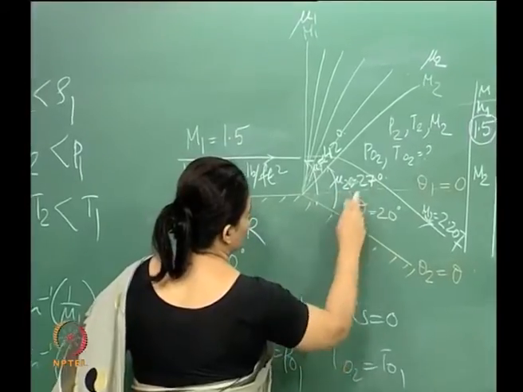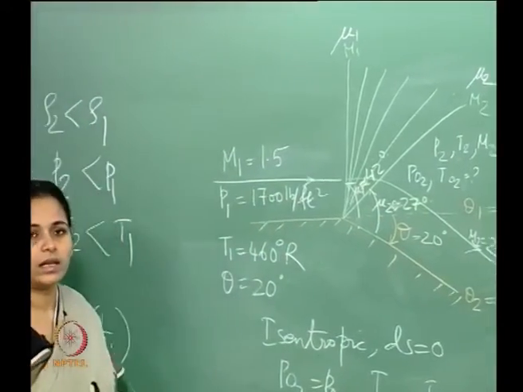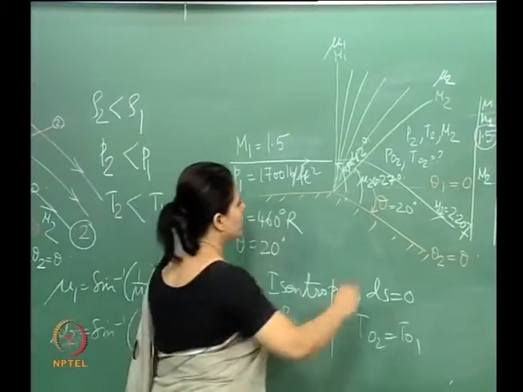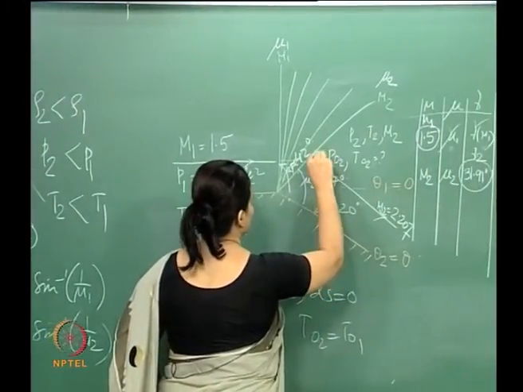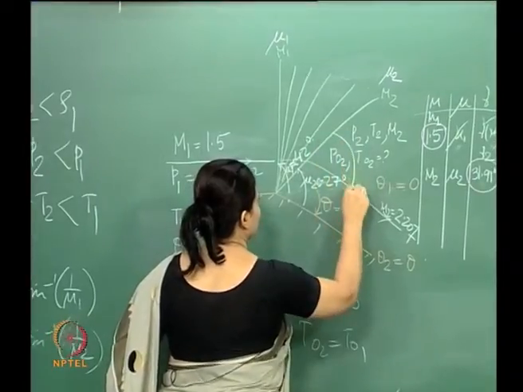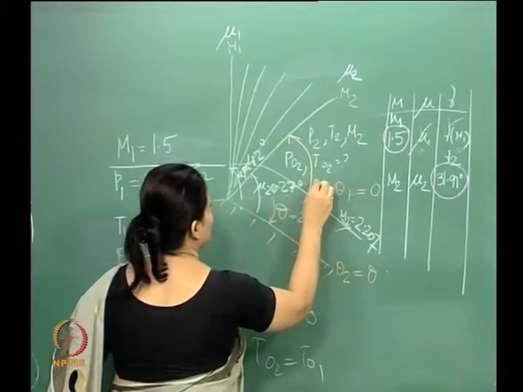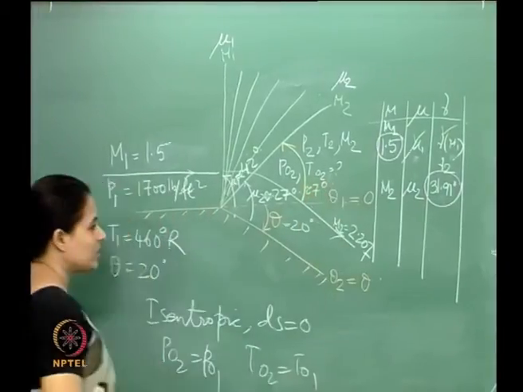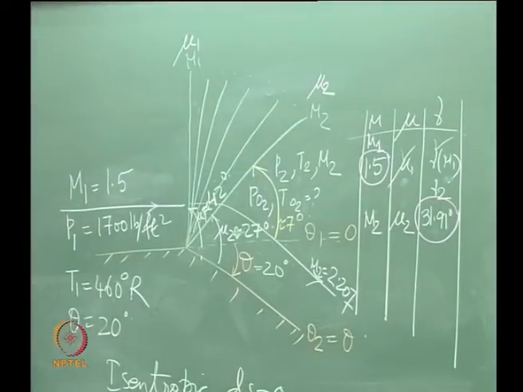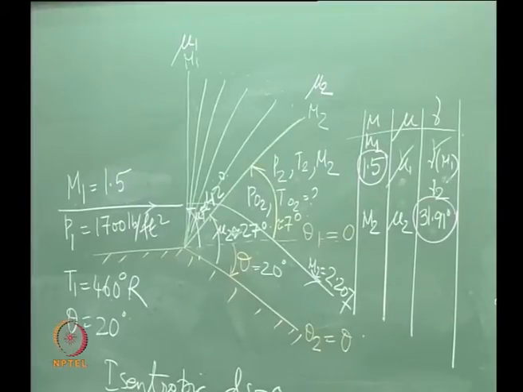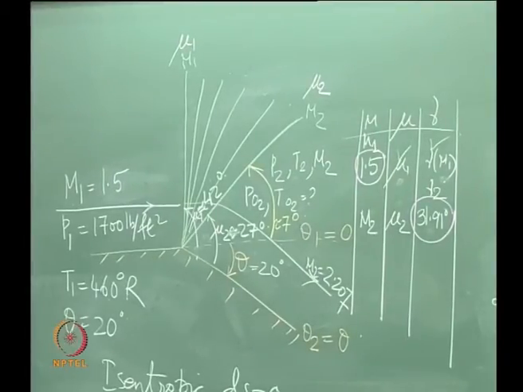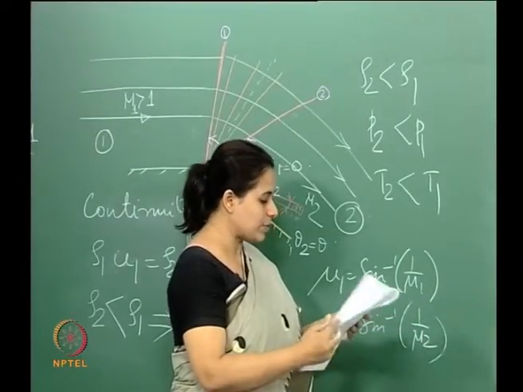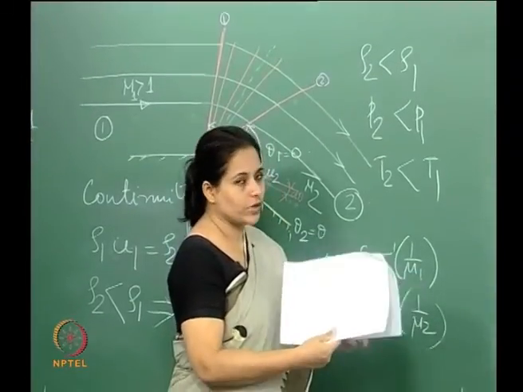It is just 27 minus 20, which is around 7 degrees. So, we have completely defined the geometry as well as found out the properties across this expansion wave.